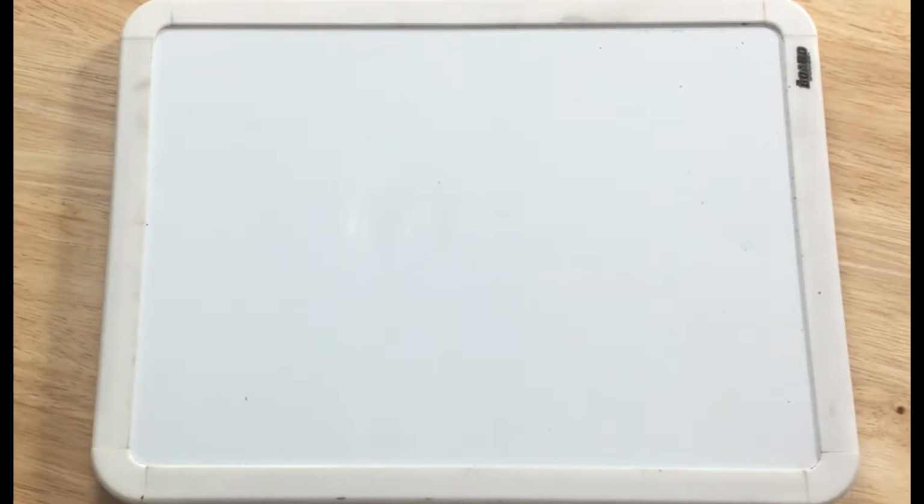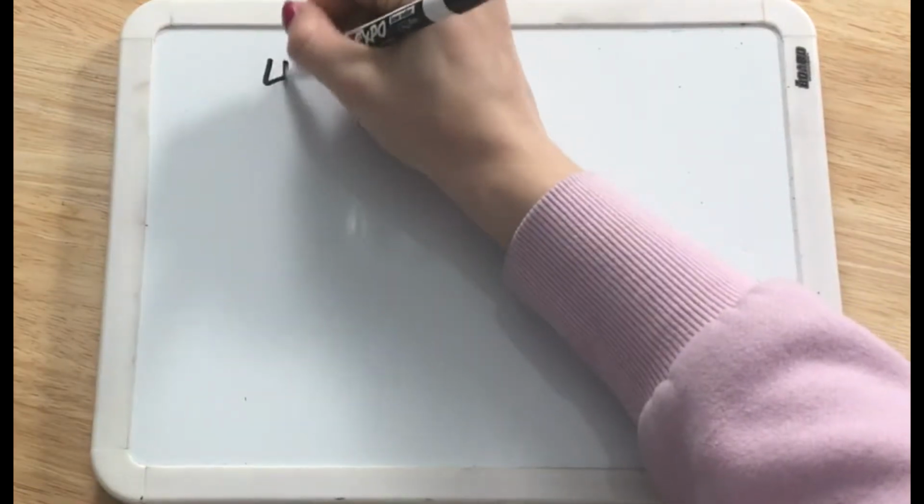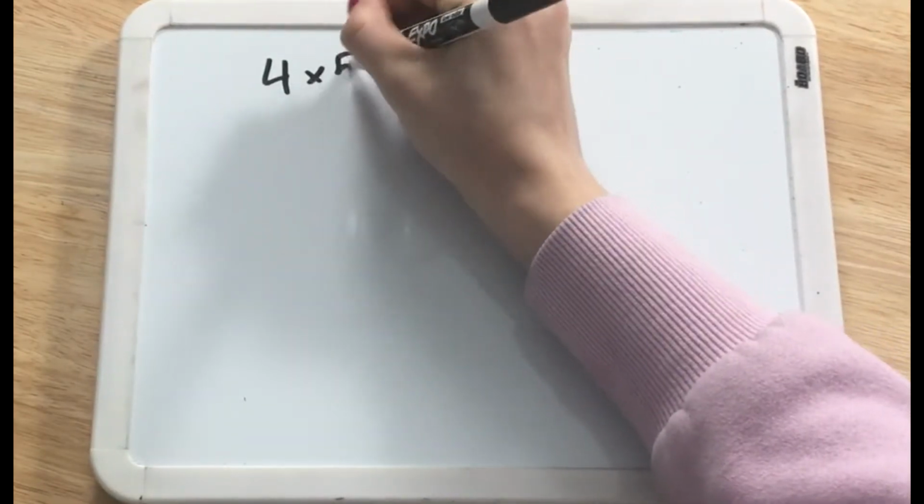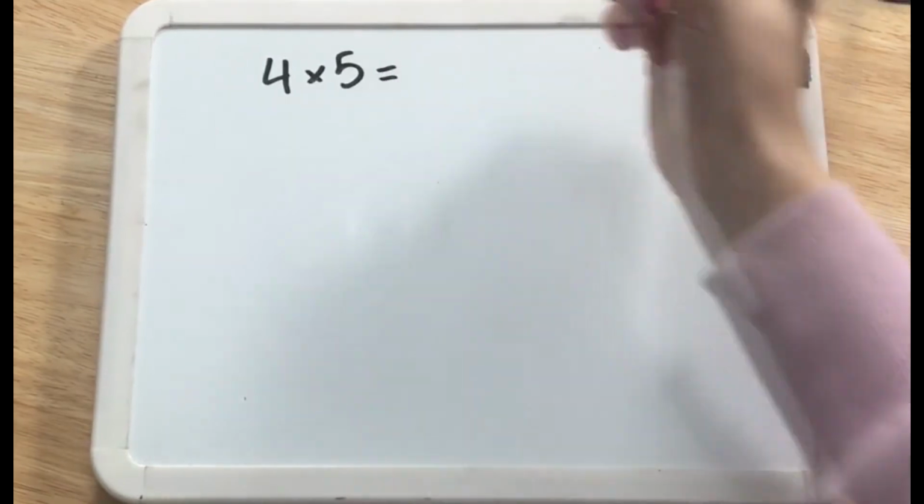Okay, we're here. First I will go over how it works and show you an example problem. For example, we have 4 times 5, and we have to find out what that equals.